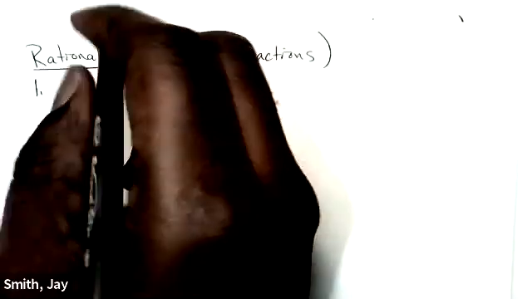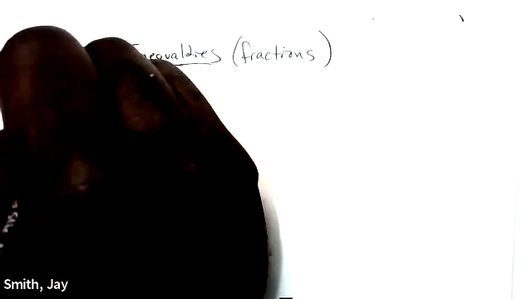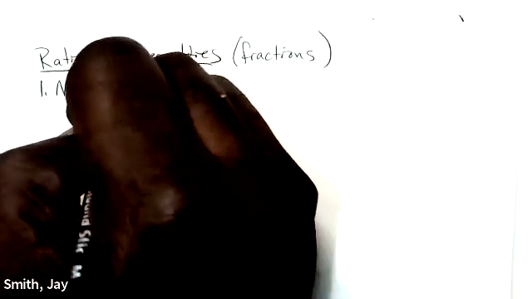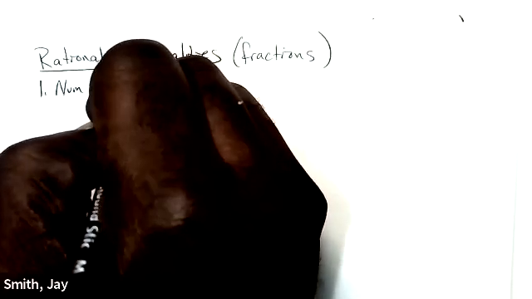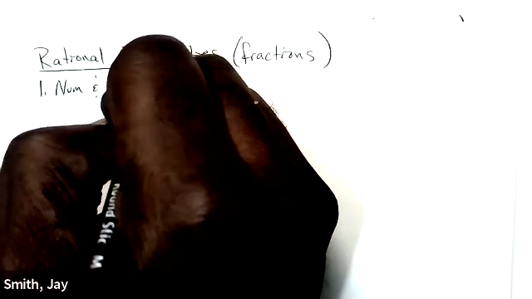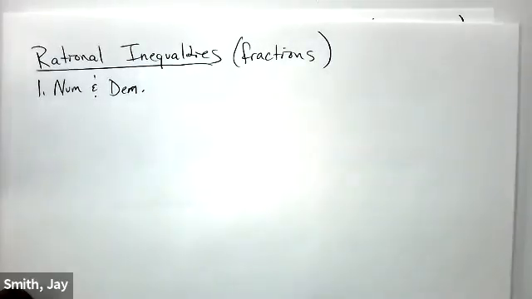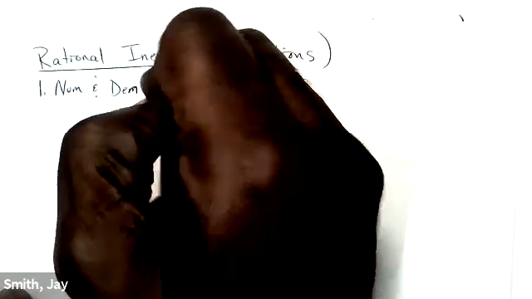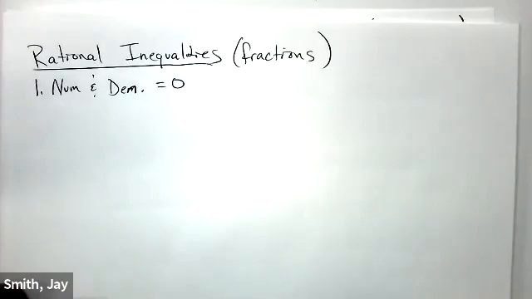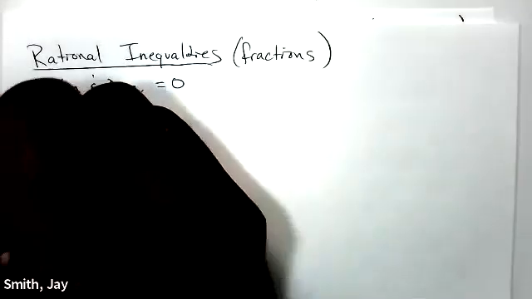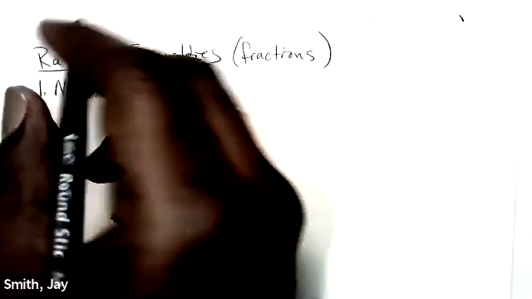First step for these rational inequalities, we're going to take the numerator and the denominator and set them equal to 0. This is how we're going to find our linchpin numbers for rational inequalities. Then we're going to graph and test the points.